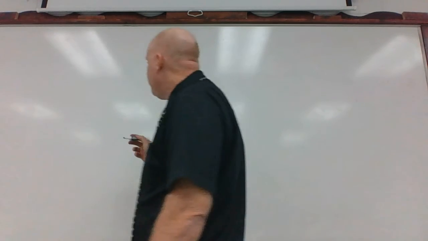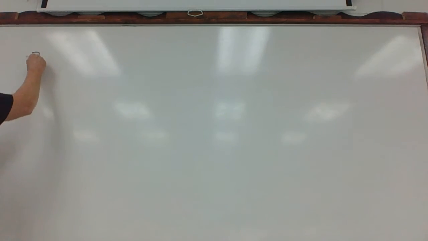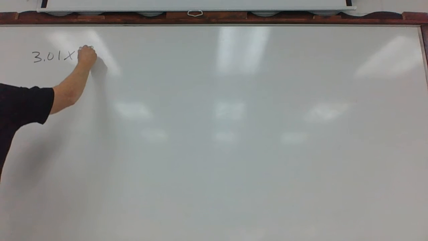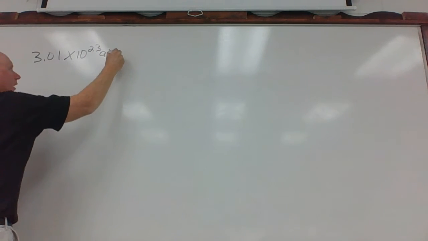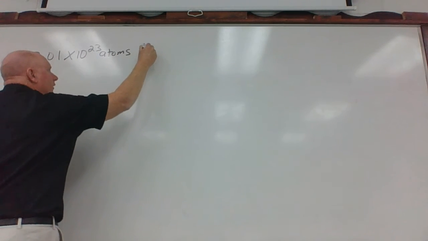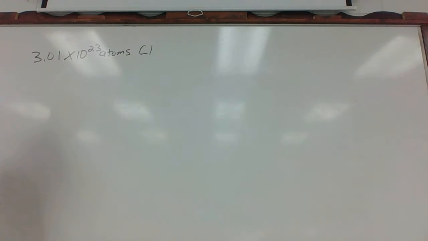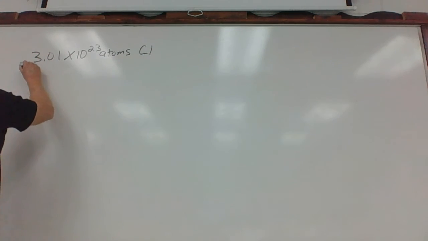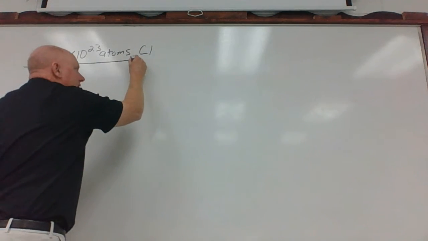So we want to find the mass in grams of 3.01 atoms of chlorine. Otherwise, as you would have seen in physical science, you would put a 2 there because it's diatomic. But we're not dealing with that yet. Okay.